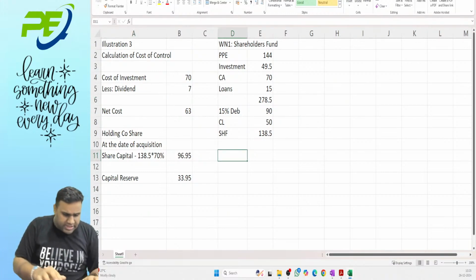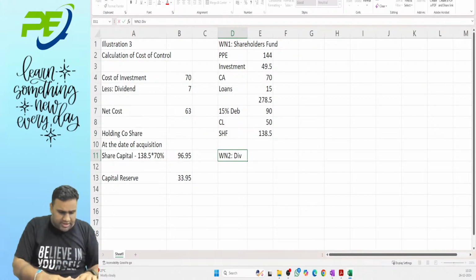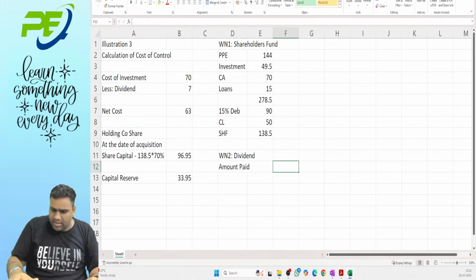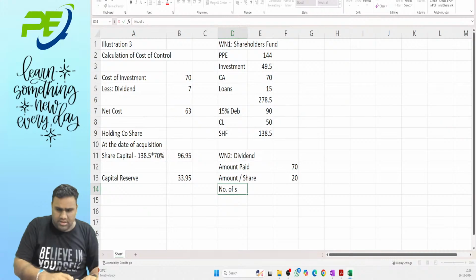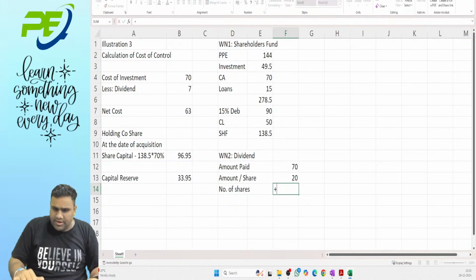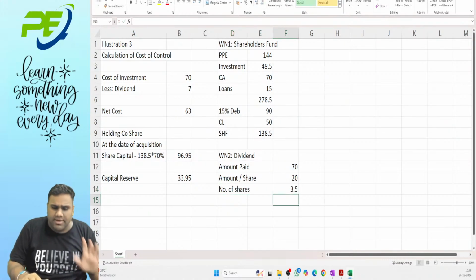Now, this dividend, I am not so comfortable, so I'll do a separate working note. Working note 2, dividend. Amount paid 70 lakhs. Amount per share 20. Number of shares, all these numbers are in lakhs, 3.5.